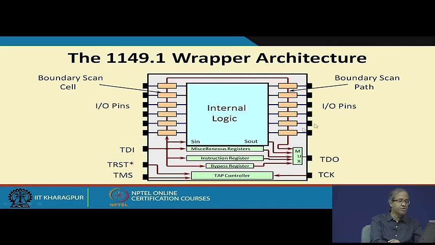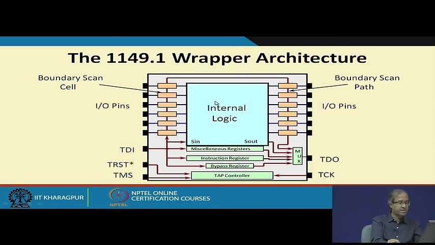But sometimes when you want to test something, you can configure them in shift register mode. From here you can shift the data serially along this path, and again serially send the data out from this test data out, or TDO. TDI stands for test data in, and TDO for test data out.